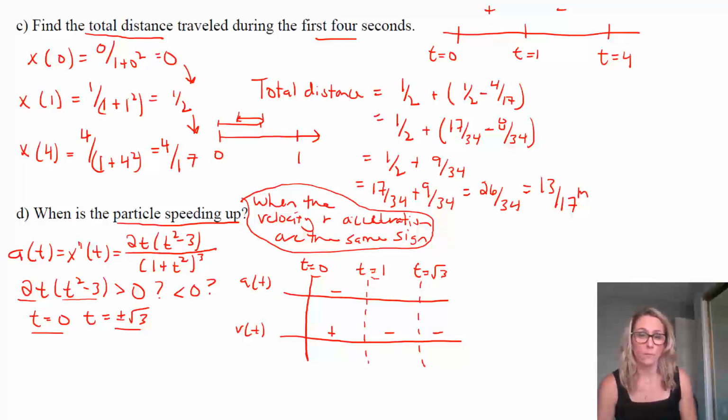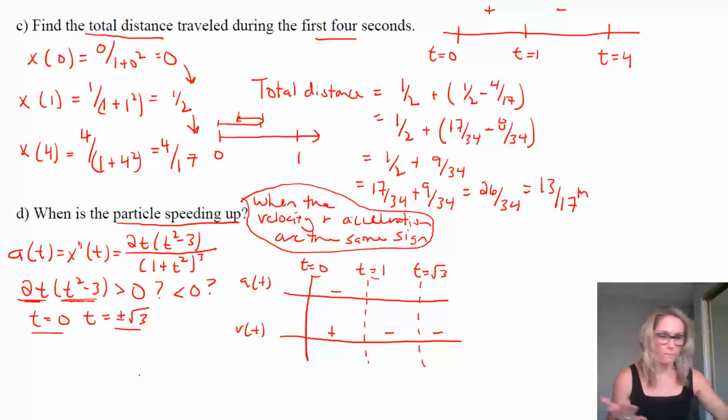Then I want to pick something from 1 to root 3. I could pick something like 1.5. If I put in 1.5, again, this first part's just going to be positive. I just need a basic calculator, so I'll have to use my phone.